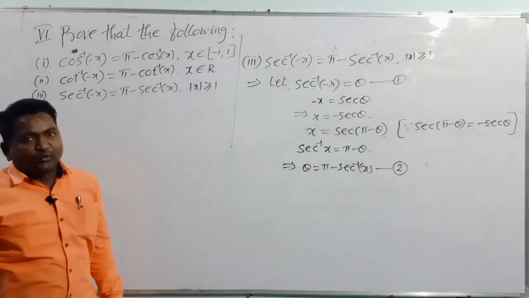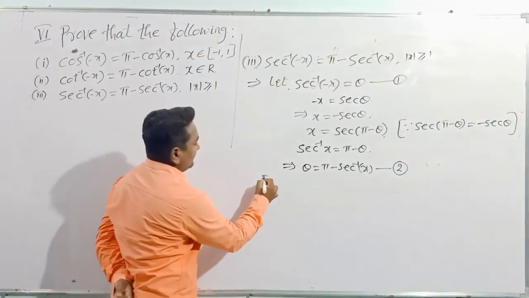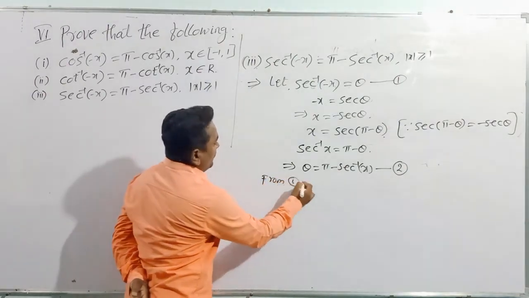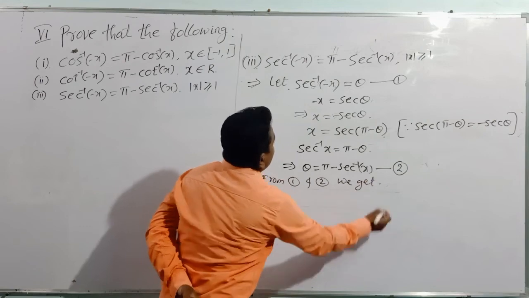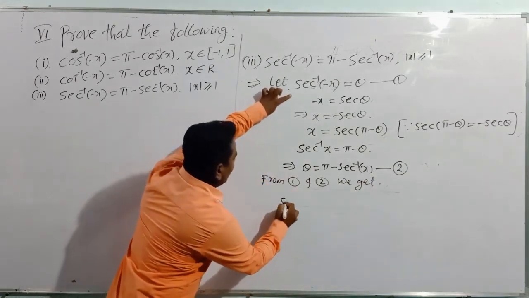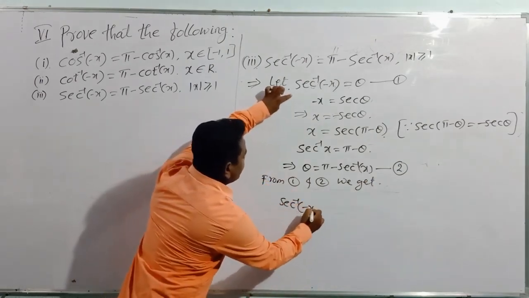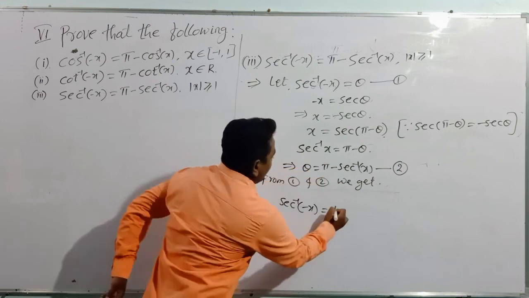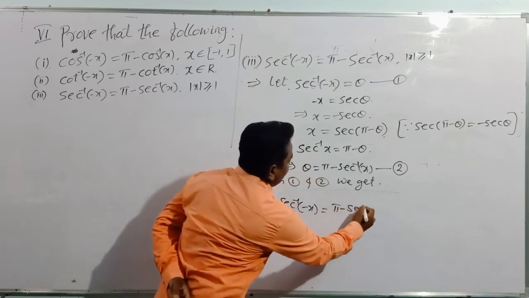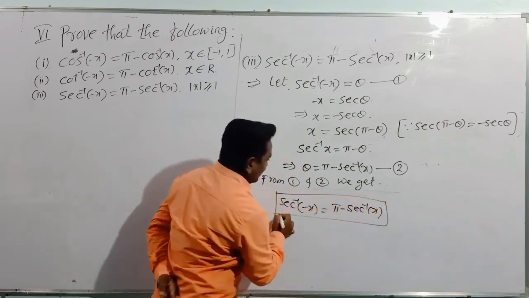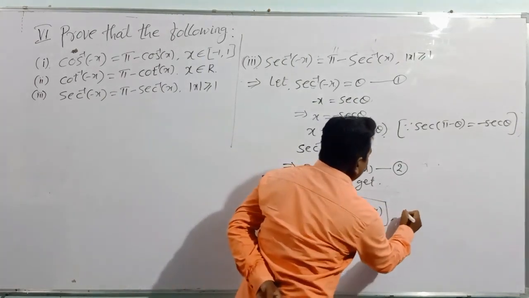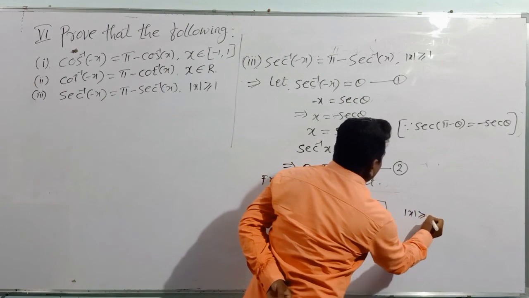From 1 and 2 we get sec inverse of minus x equals what? Pi minus sec inverse x. Hence the proof of the third property.